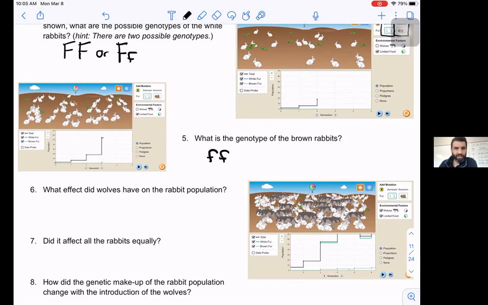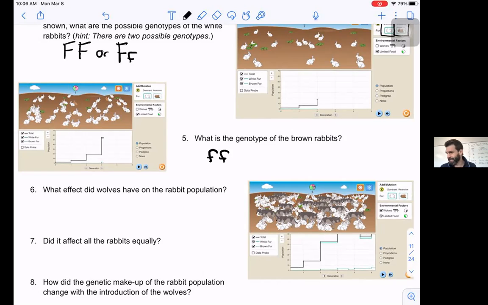So this was the situation. The brown rabbits were a minor percent of the population until we introduced wolves.